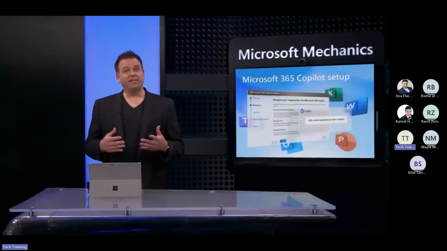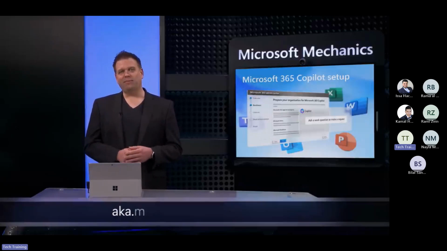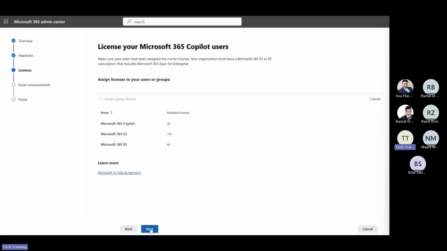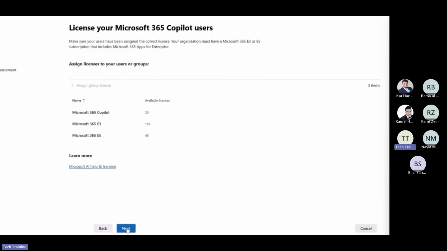And for a comprehensive list, you can find the prerequisites for Microsoft 365 Copilot and supported apps at aka.ms/m365 Copilot prereqs. Next, the third thing to do is to assign Microsoft 365 Copilot licenses to users, which can also be done here from the Setup Guide wizard. So in licenses, you'll see a listing of available Microsoft 365 Enterprise and Microsoft 365 Copilot licenses that you can assign right from here.